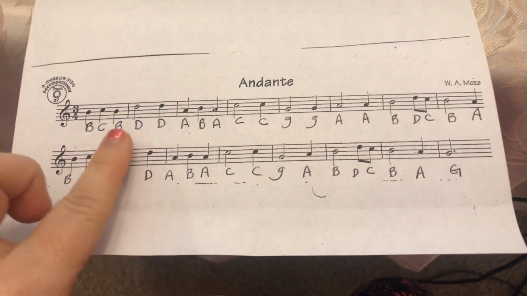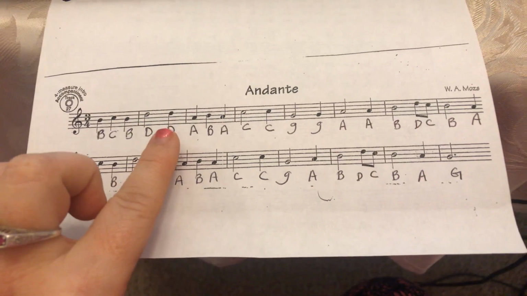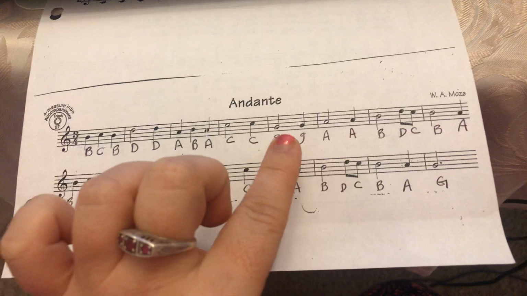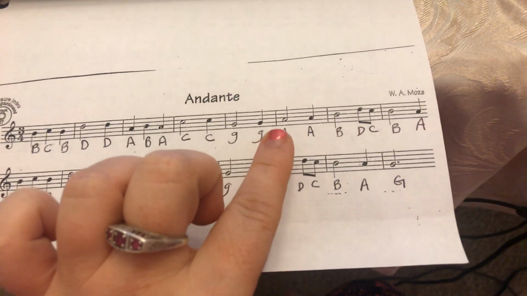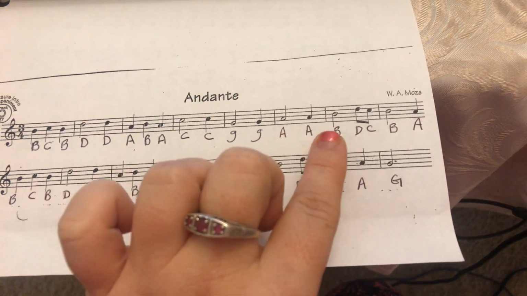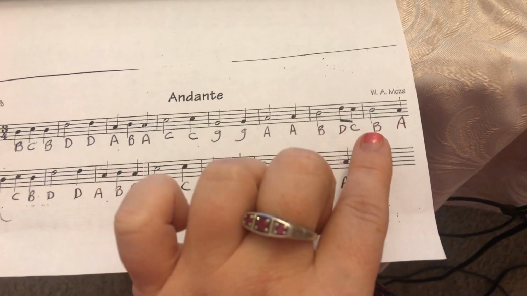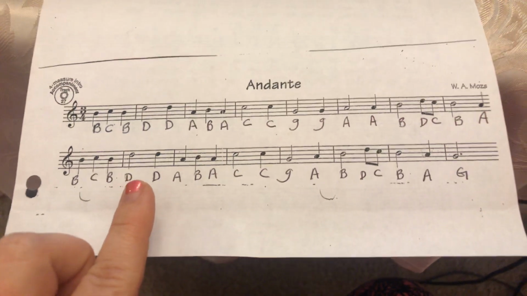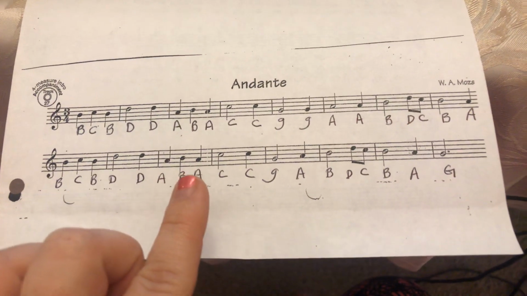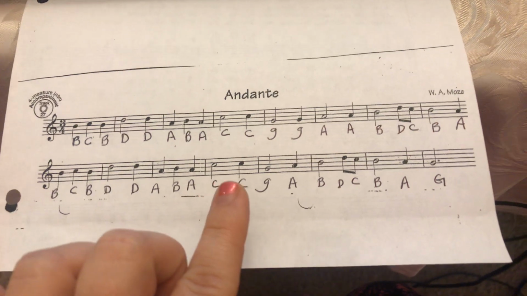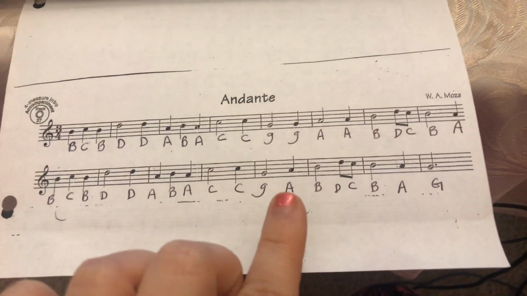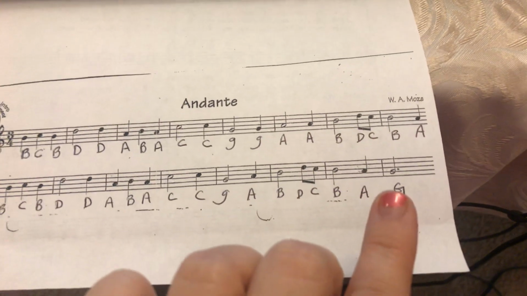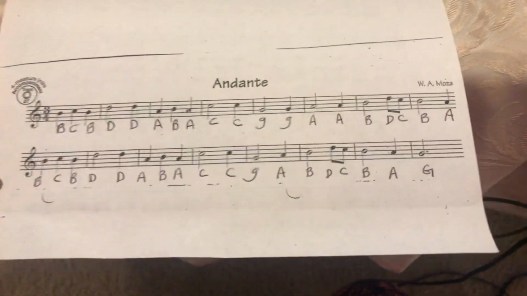Ta, ta, ta, half note, ta, ta, ta, ta, half note, ta, half note, ta, half note, ta, half note, ti, ti, half note, ta, ta, ta, ta, half note, ta, ta, ta, ta, half note, ta, half note, ta, half note, ti, ti, half note, ta, half note, dot. Okay.